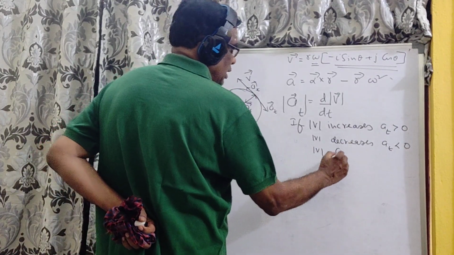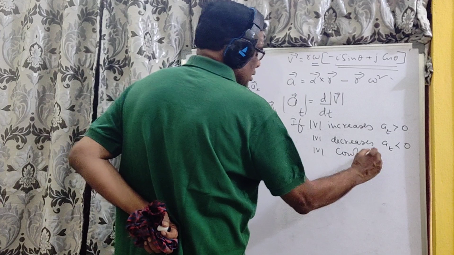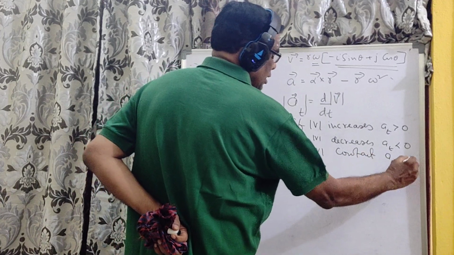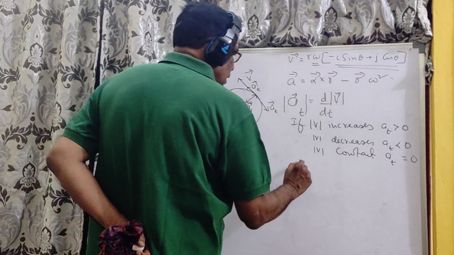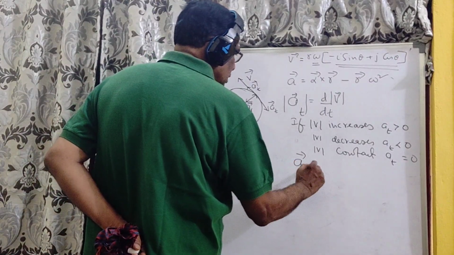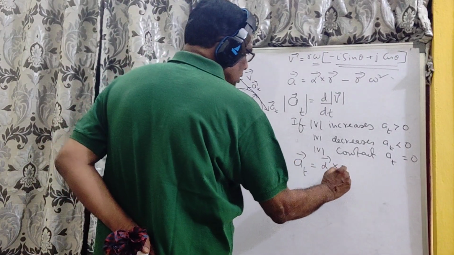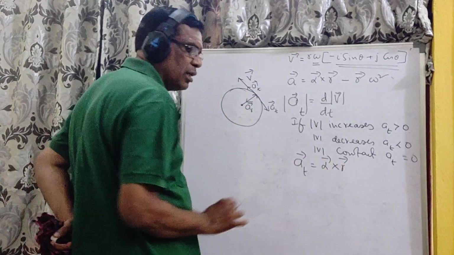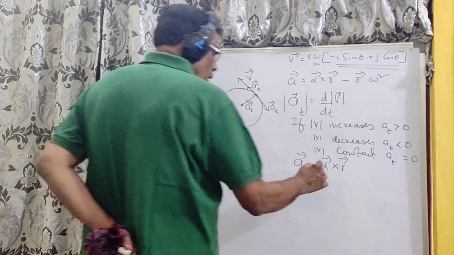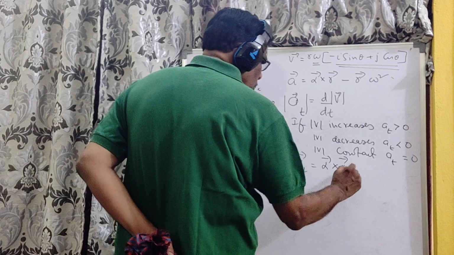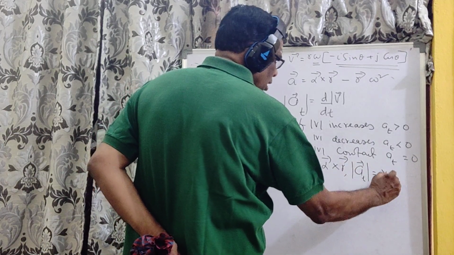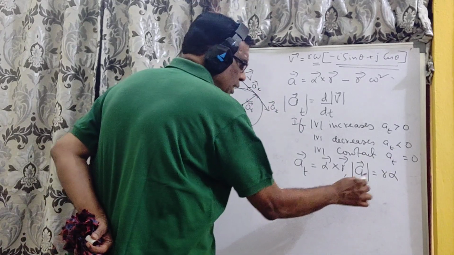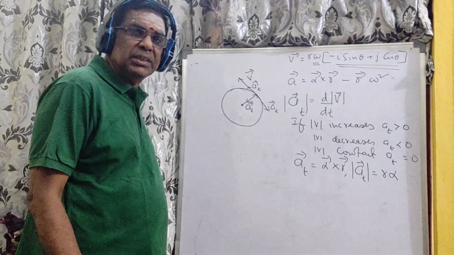If mod v is constant, AT is 0. And what is AT? We have just written. Order is important here. Never write R cross alpha. Alpha cross R. What about the magnitude of AT? R alpha. So if AT is 0, alpha is 0.